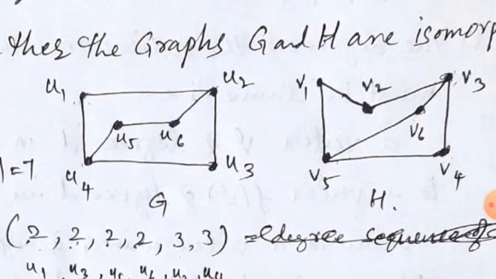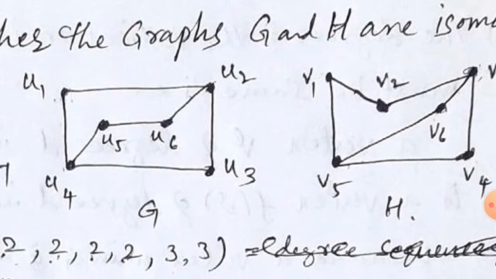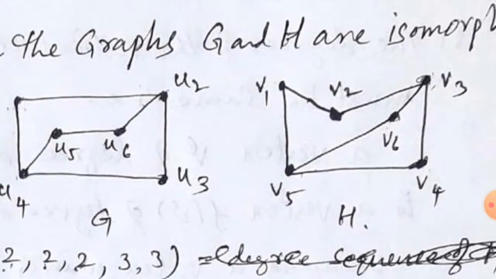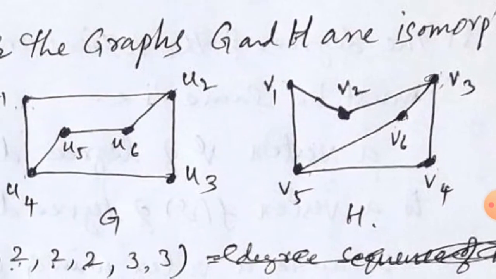Observe here. Then v6 has adjacent vertices v3 and v5 having degree 3. Like that you have to match here. Clearly see u1 is adjacent to u2 and u4 having degree 3 each. Similarly, if you are matching u1 with v6, v6 should be adjacent to vertices having degree 3.